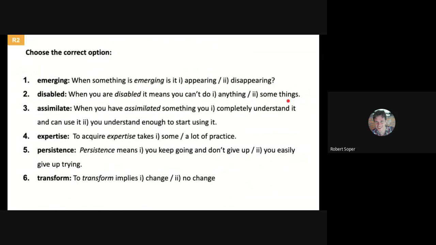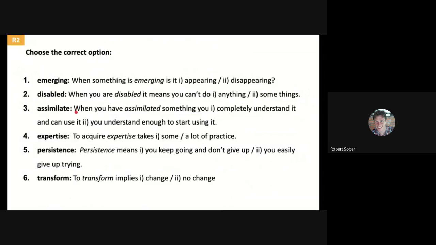Number three, assimilate. When you have assimilated something, you one, completely understand it and can use it, or two, you understand enough to start using it. The correct answer here was completely understand it and can use it.